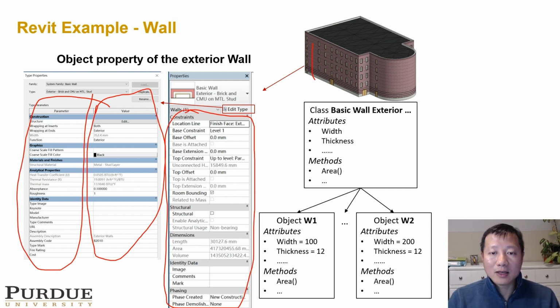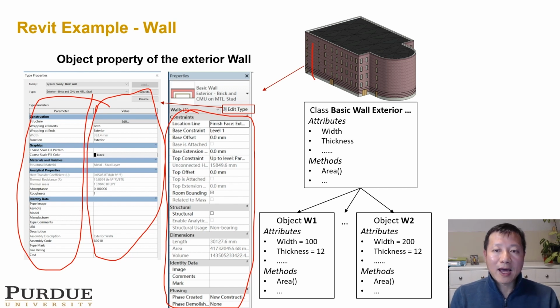On the other hand, if you come into this property window and make changes to the attribute values, the values you set only apply to this specific object. Other objects, even though they are of the same type and belong to the same class, their values don't get changed. So that's the difference.